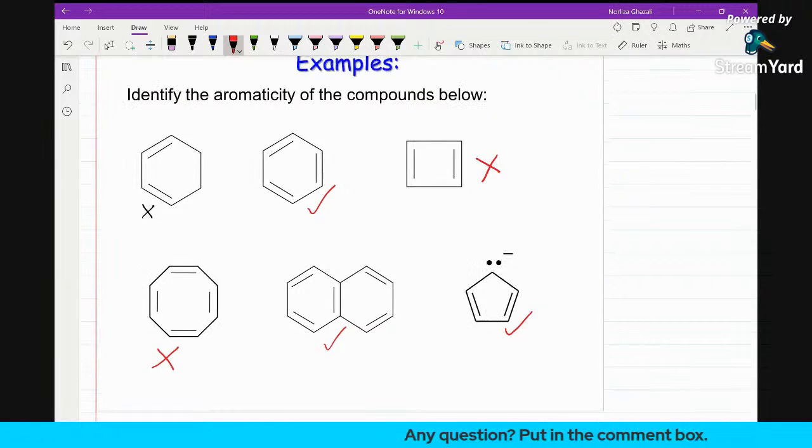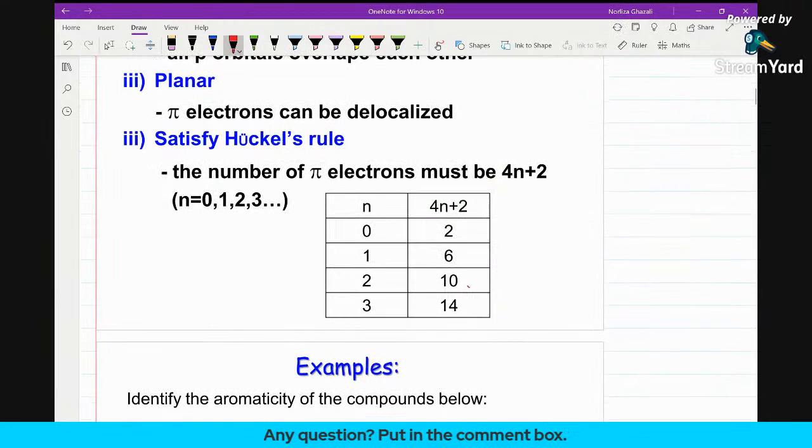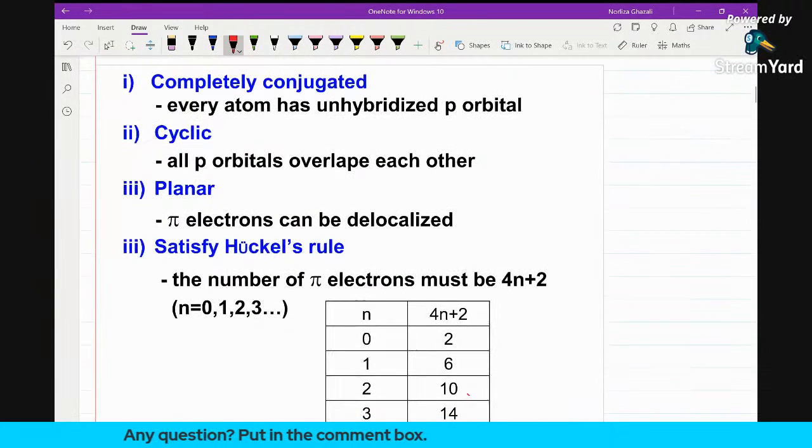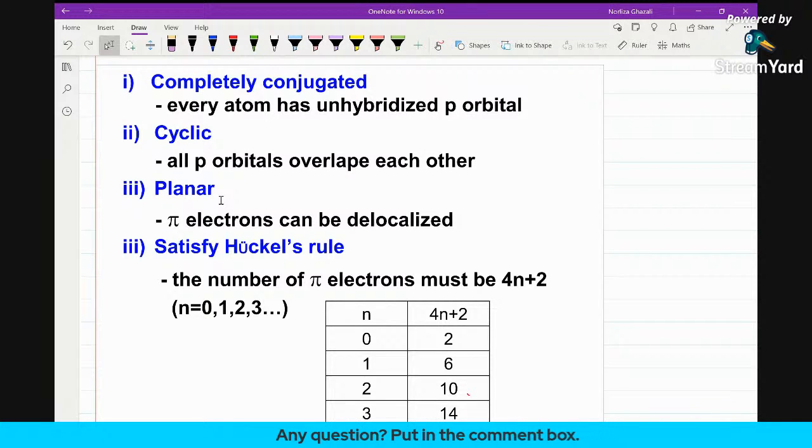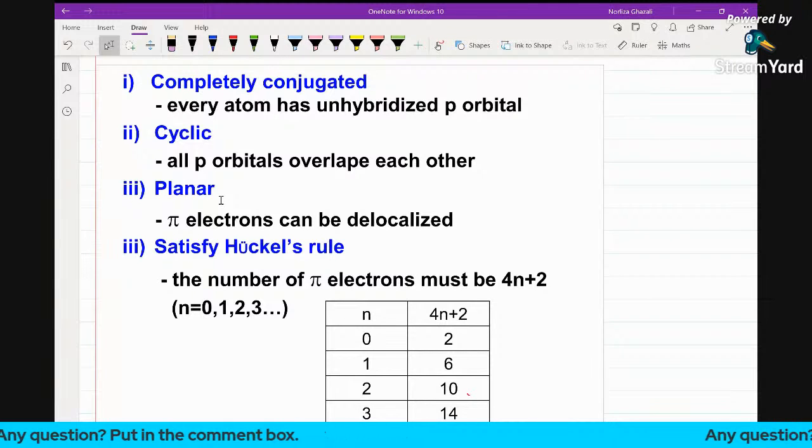Okay, guys, so an aromatic compound must have a cyclic structure, be planar, have completely conjugated double bonds, and obey or satisfy Hückel's rule 4n plus 2.